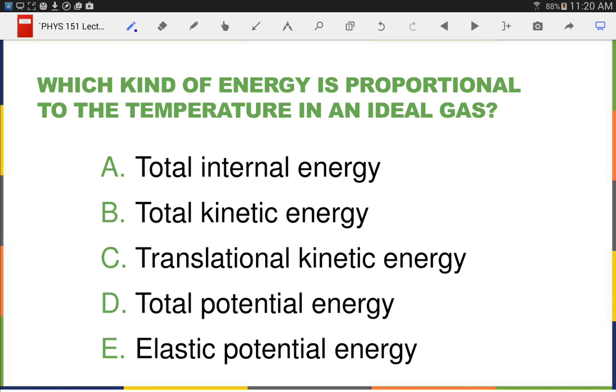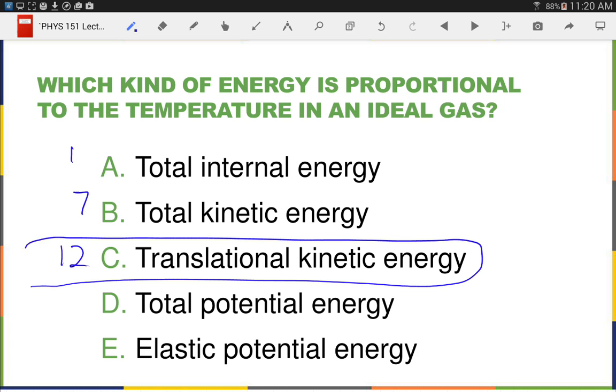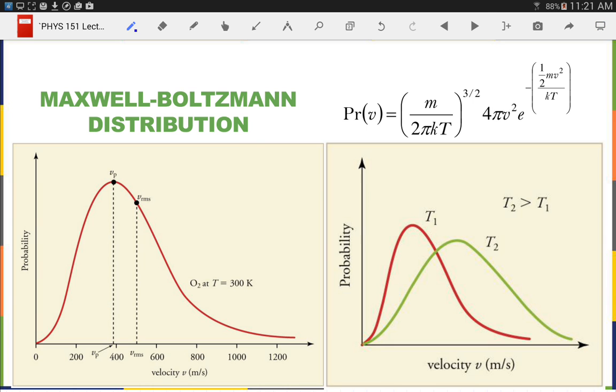Okay. We had 1, 7, 12. The 12s are correct because we only have a minute left. I am not going to have you talk among yourselves, but it was the translational kinetic energy that it was proportional to.